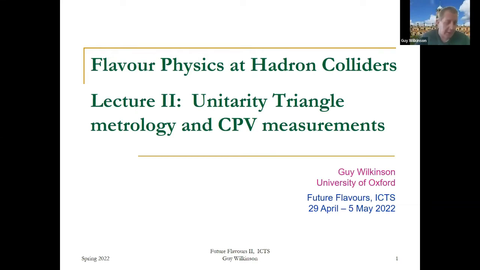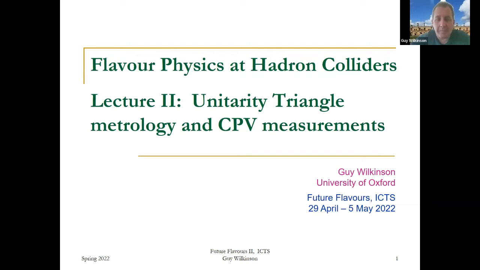So in our last lecture, we discussed the reasons and motivations for going to Hadron Colliders for flavor physics, and we described what attributes an experiment should have, and we arrived at LHCb, and I will be talking very largely, but not entirely, about LHCb.